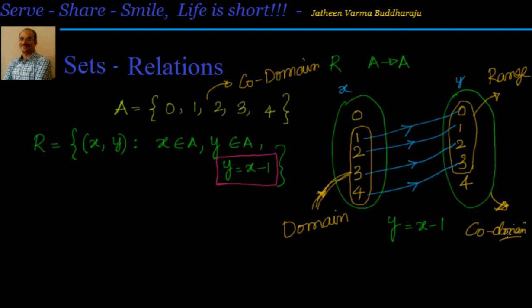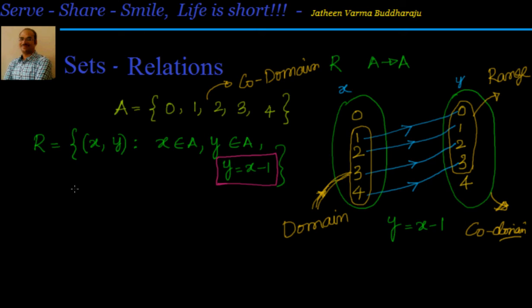So try to understand the difference between codomain and the range. Range is the set of elements which are part of the relation, but codomain means the total set which is present. All the set of elements which are present in the second set is called the codomain. Here the codomain is nothing but equal to A. So that's about domain and range.